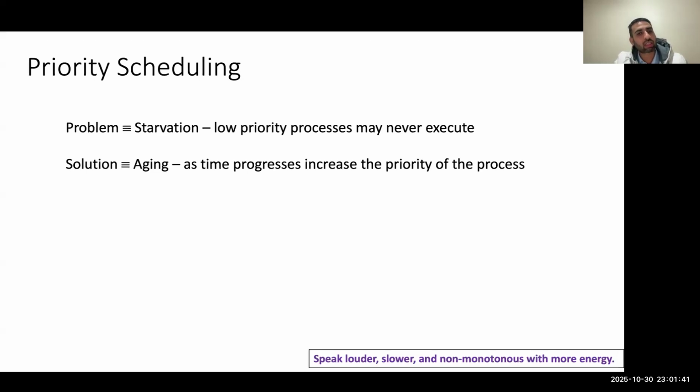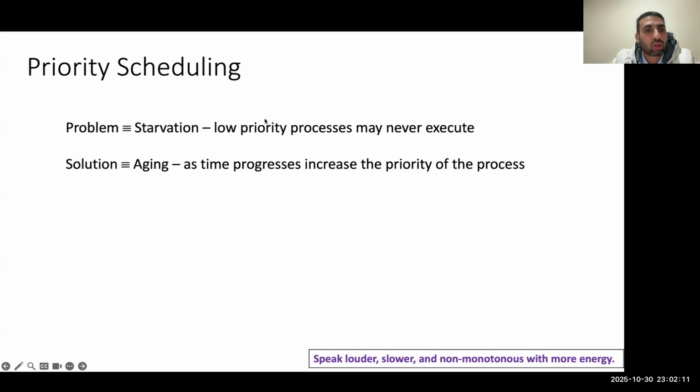And if higher priority processes are newly generated and keep arriving in the system, then low priority processes will never get a chance to run. That is the problem with priority scheduling: low priority processes may never execute because there is always a higher priority process ready to run.